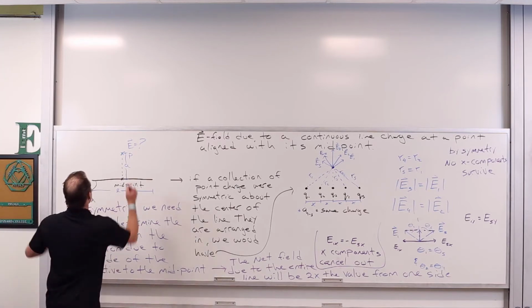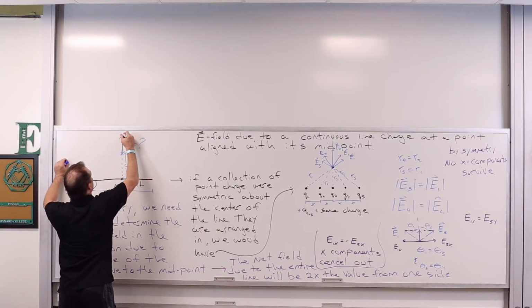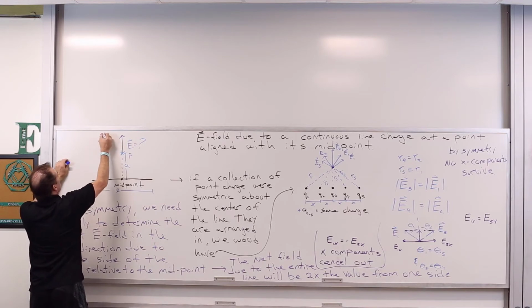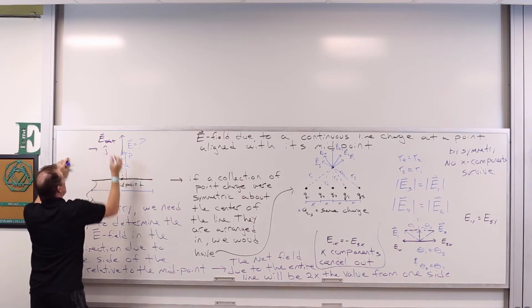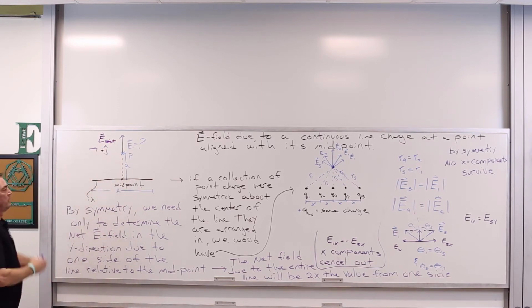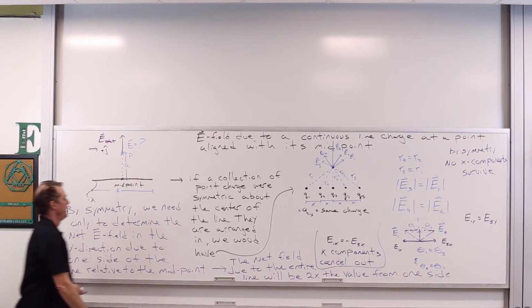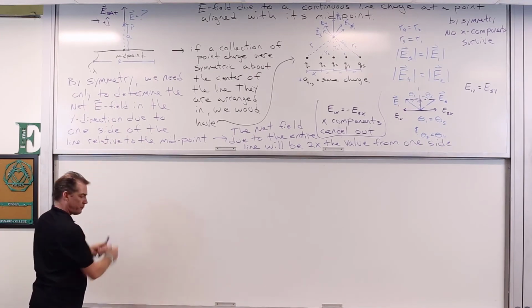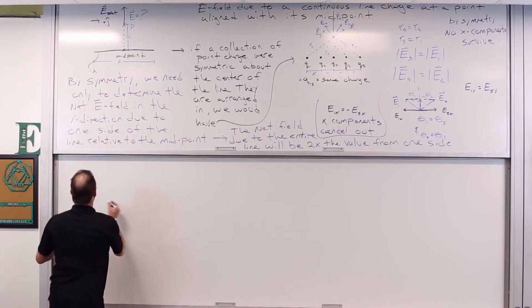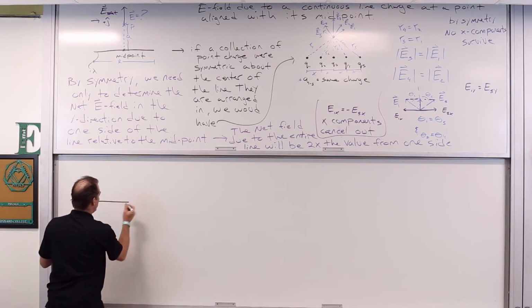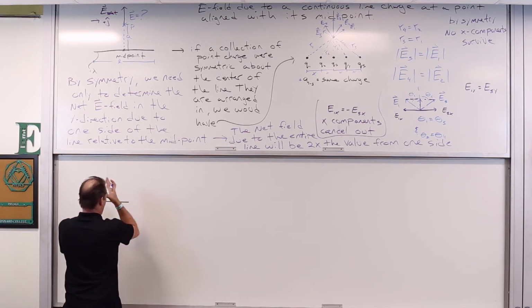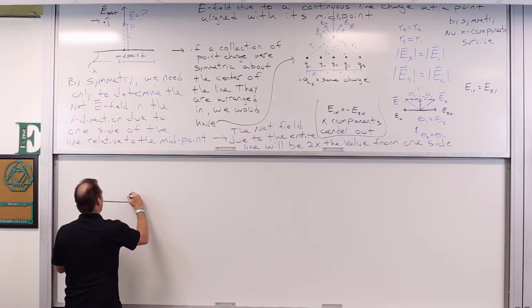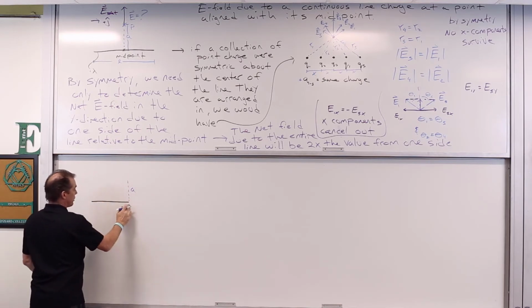All right. So at any rate, we should note that E total is in the j hat direction. All the x components cancel out. So now it's a matter of getting that, right? Whew. So let us just consider half of the distribution now, like this. Say that we are looking at the distance a, so this would be the midpoint.